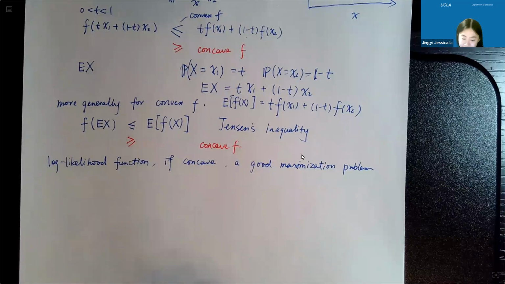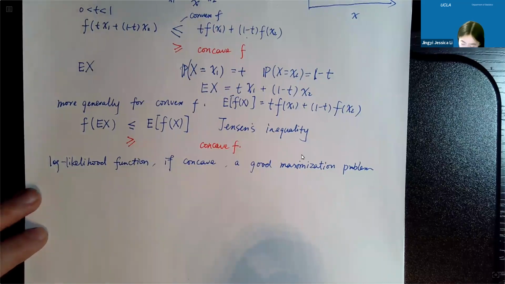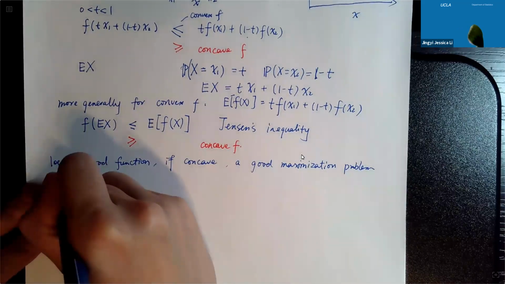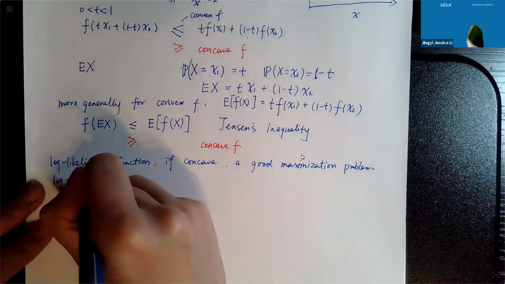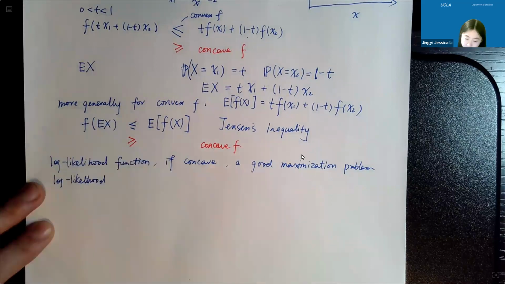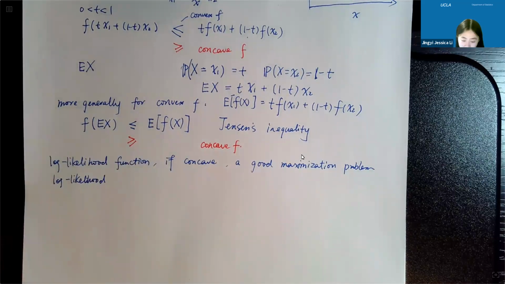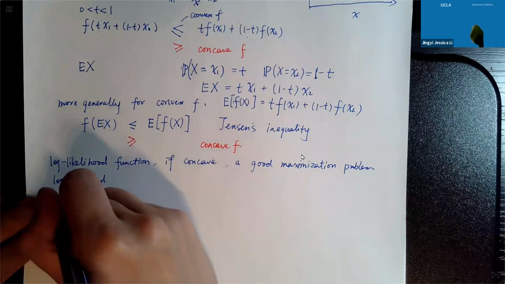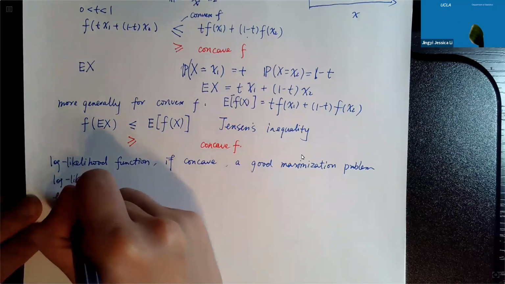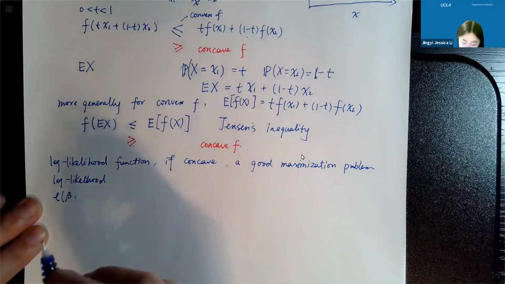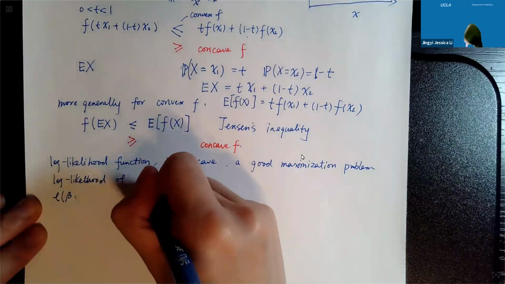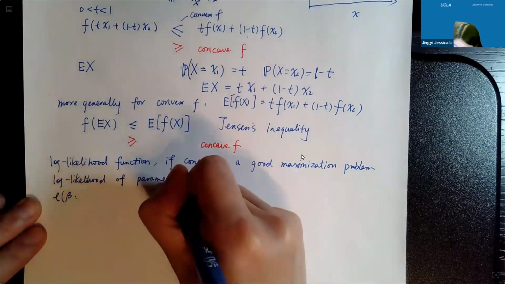So you can see what we have as the log likelihood. Let me make it easier to understand. Let's call the parameter beta.